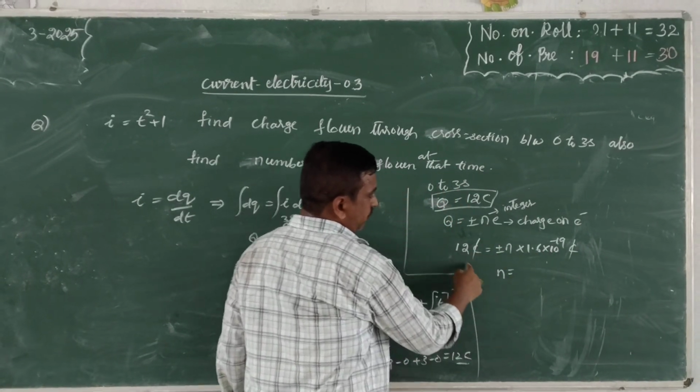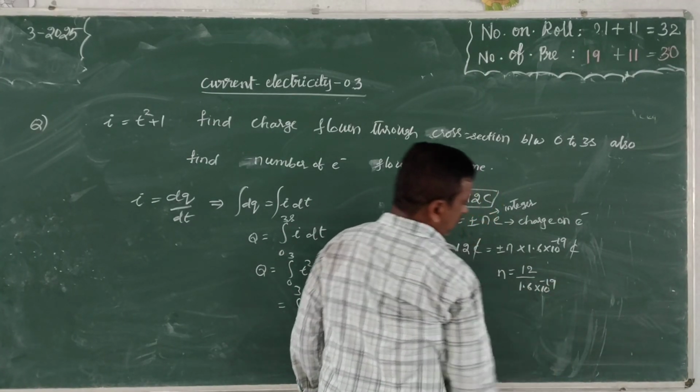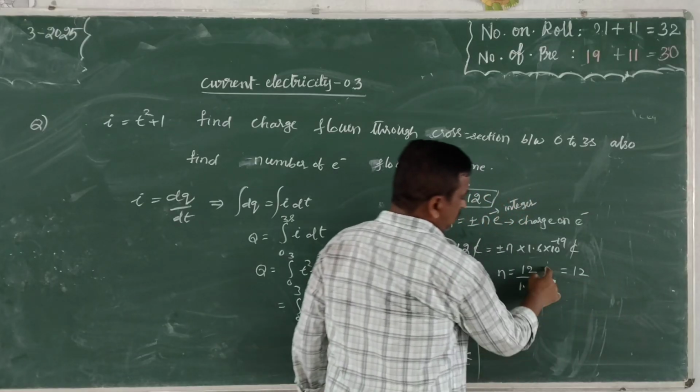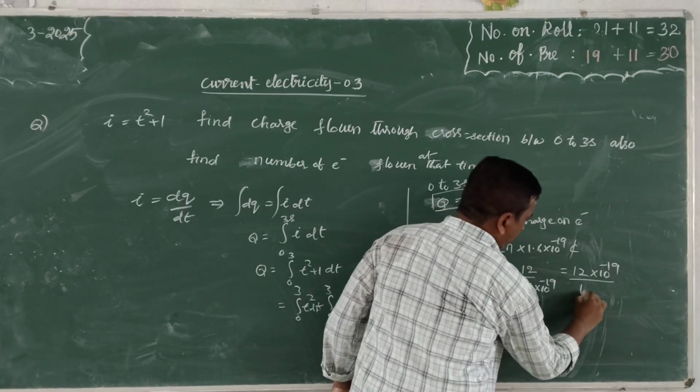It changes to this side, meaning 12 by 1.6 into 10 power minus 19. The 10 power minus 19 changes to the numerator, so 12 into 10 power 19 by 1.6.